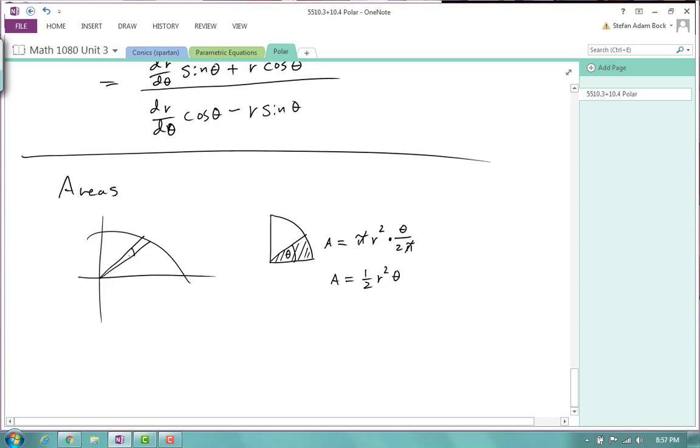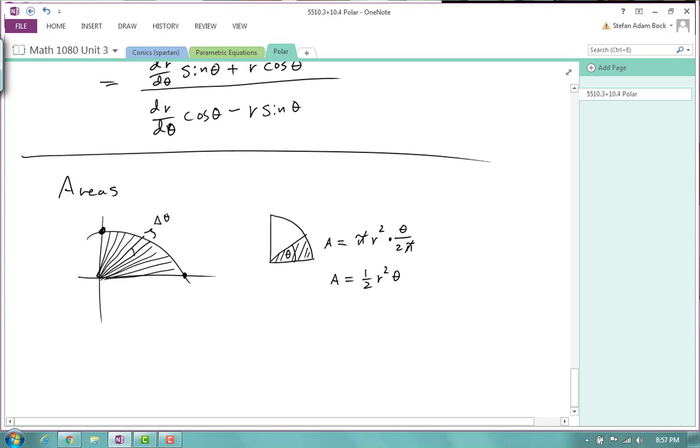So if I've taken an area here, then I'm going to slice it up into a bunch of pie slices. And the angle of each slice is going to be delta theta.